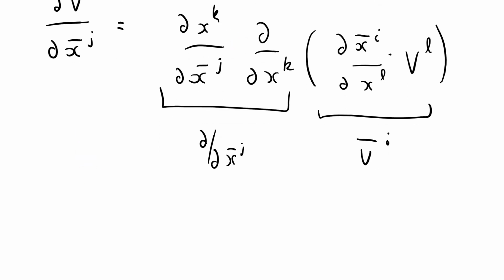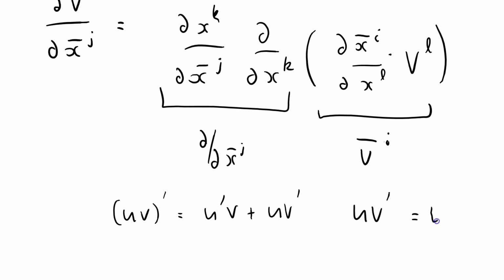Alright, well that's great, so let's have a look at it. Now I'm going to use this formula here, which I'm sure you know, u'v + uv'. When you're differentiating a product, you differentiate the first one and leave the second one alone, and then you differentiate the second one and leave the first one alone. I'm actually going to swap over the order, so instead of saying uv', I might say v'u.